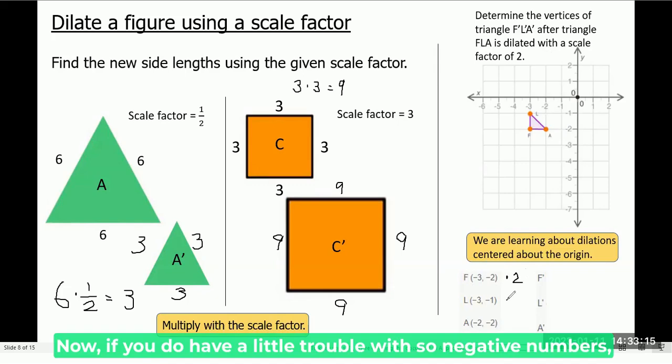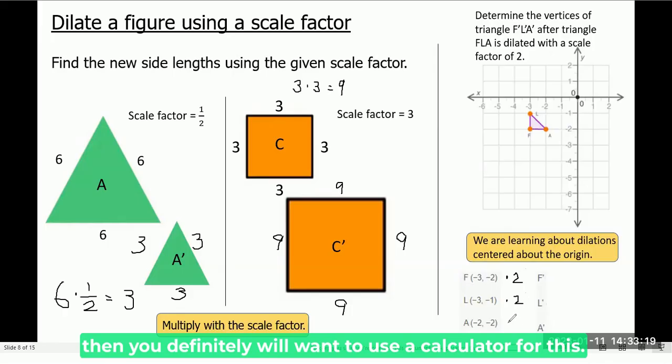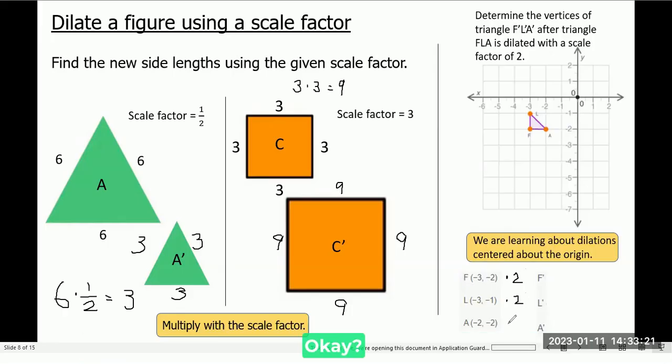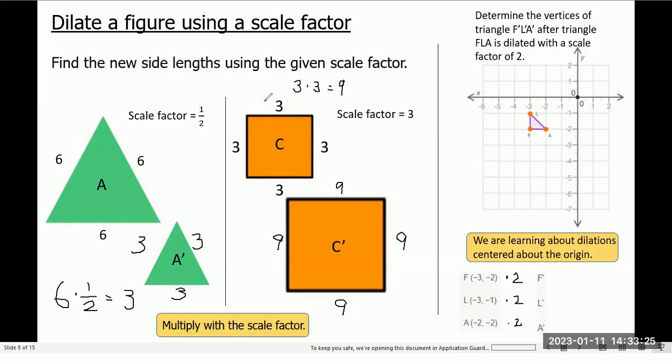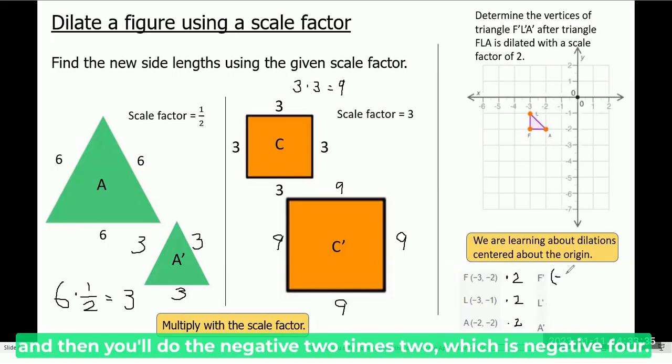If you have a little trouble with negative numbers, then you definitely will want to use a calculator for this. You would start off by doing -3 times 2, which is -6. And then you'll do the -2 times 2, which is -4.